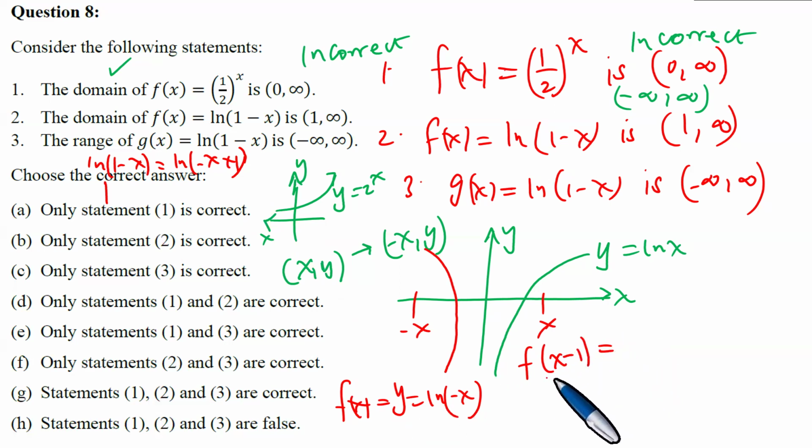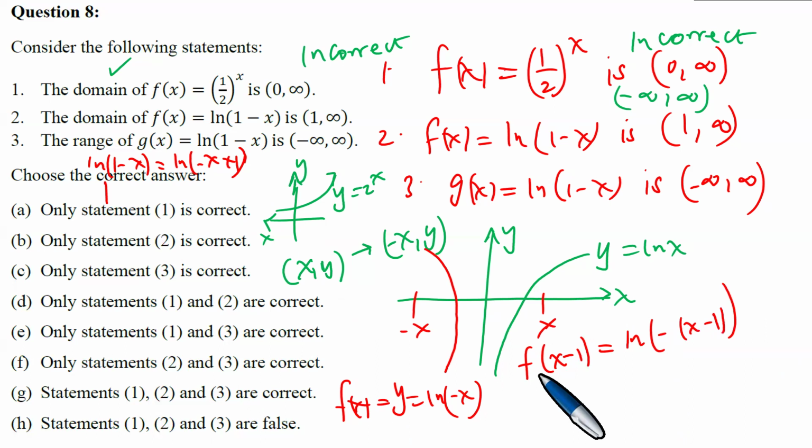So x minus 1 is going to become what? It's going to become the ln of minus, and then the x becomes this. Okay, so look at this one. Look carefully. So that is what you're going to have.